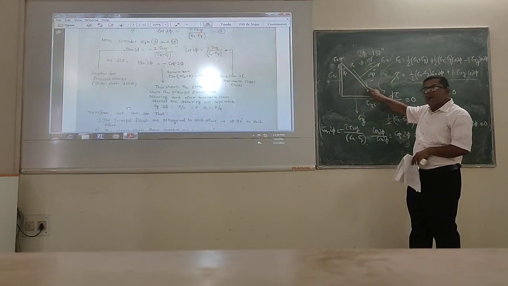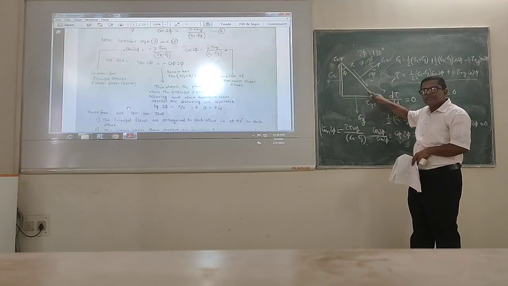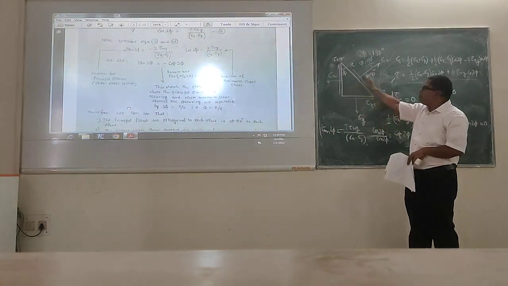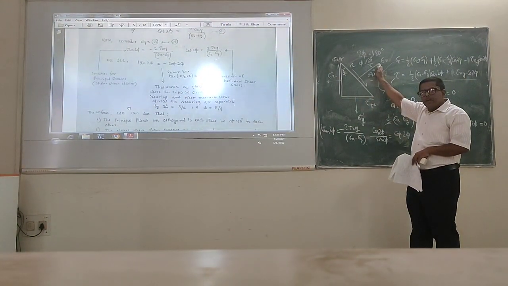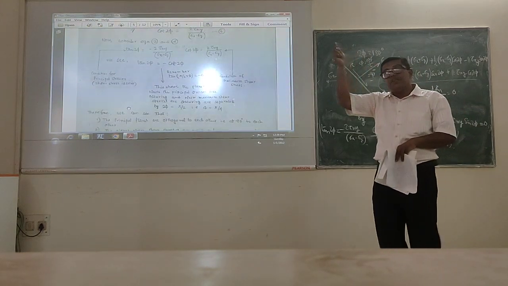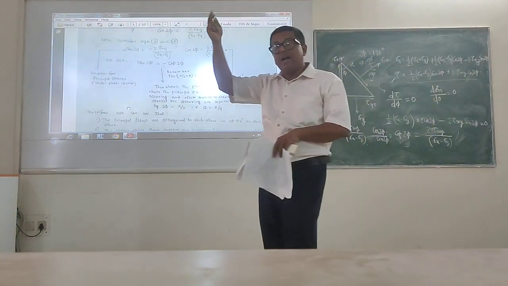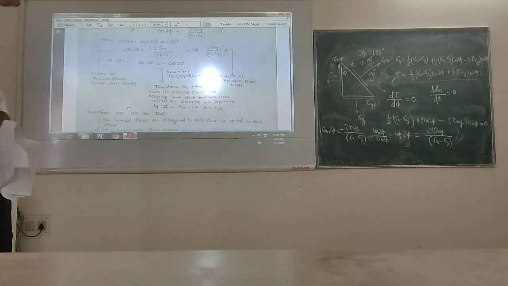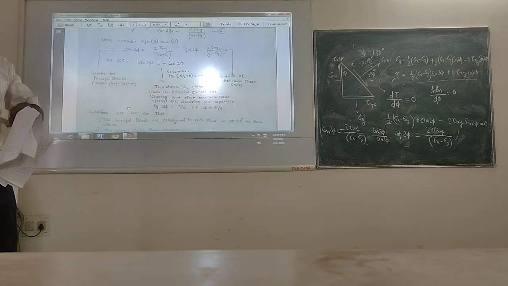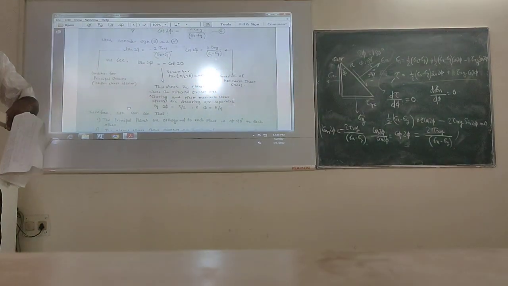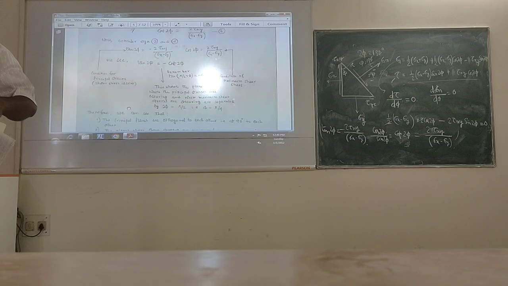So what will be the value of tau in this plane? The value of tau will be 0 because normal stress is maximum. So where will the value of shear stress become maximum? The value of shear stress will become maximum at 30 plus 45 degree, at 75. So when this plane is rotated in anti-clockwise direction and goes to 75 degree, it will become maximum. Have you understood? Is it clear?